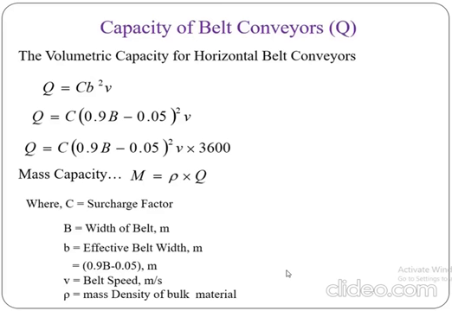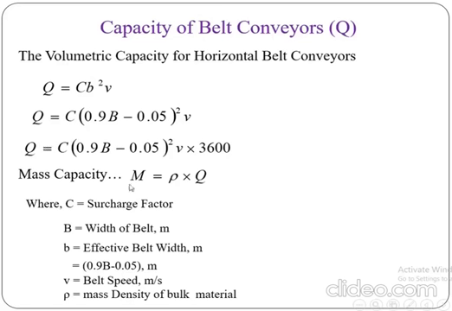Another formula for calculating the capacity of the belt is Q is equals to C into (0.9B minus 0.05) square into V into 3600. This is for the calculation of Q in meter cube per hour; the first formula gives Q in meter cube per second, and this formula converts it to meter cube per hour.